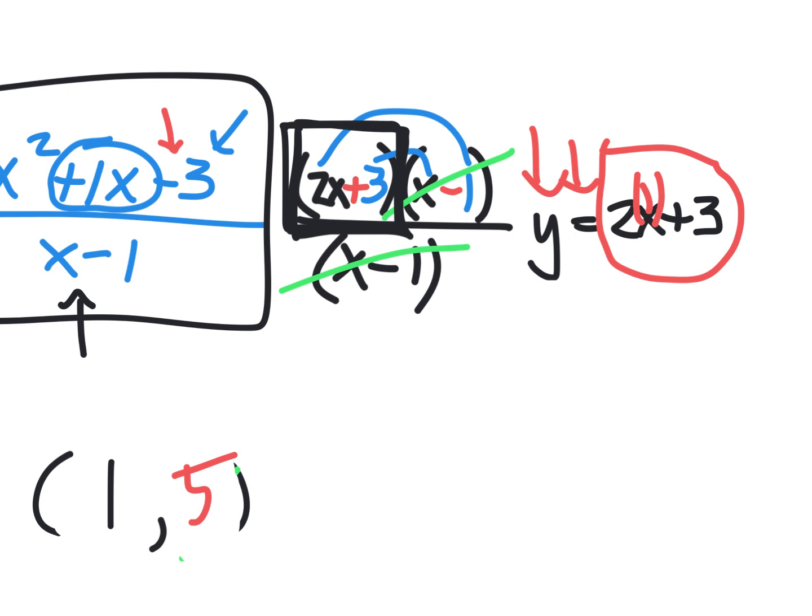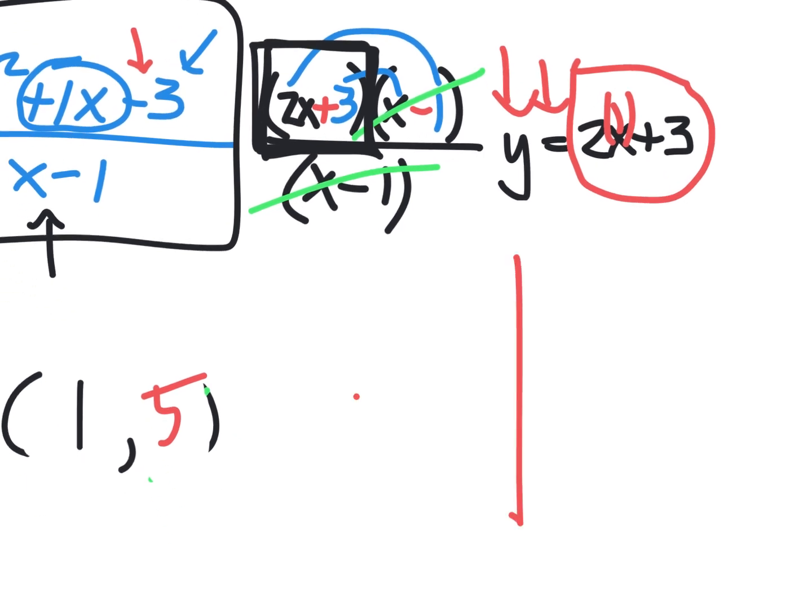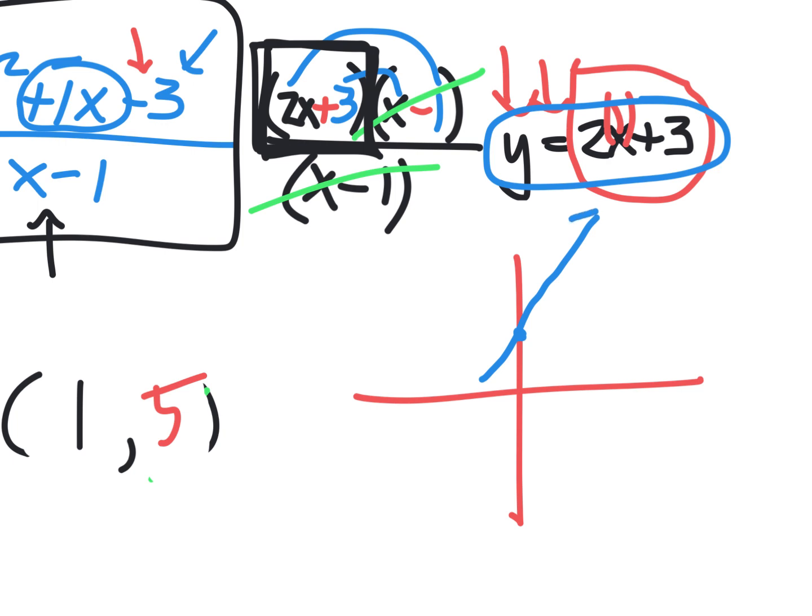Now I want you to see what that would actually look like on a graph. This right here, y equals 2x plus 3, that's got a y-intercept 3 and a slope of 2. It's really easy to forget when you haven't graphed them like that in a long time. That's just a straight line. Y equals 2x plus 3. It's just a straight line. It's got a y-intercept of 3, slope of 2.